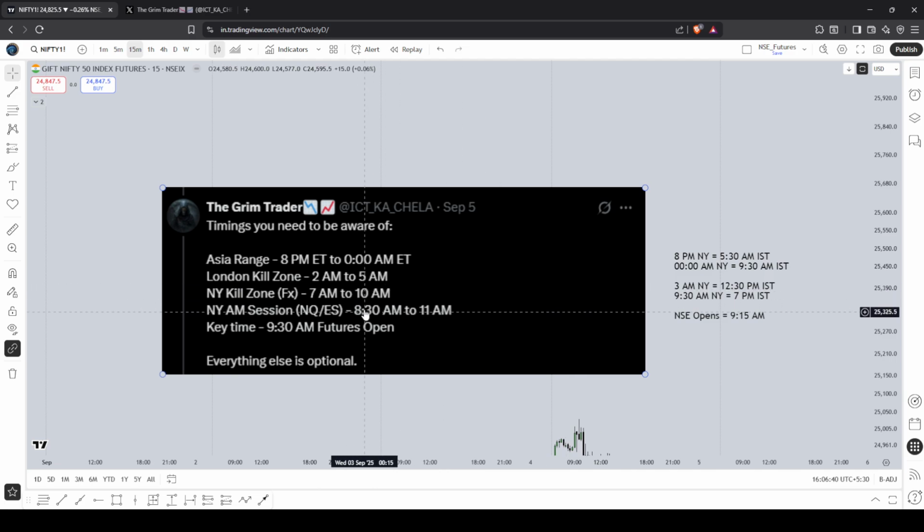Why is 8:30 a.m. New York time important for the Americans? Because generally there is some kind of news release. Why is 9:30 important? Because the market's open.